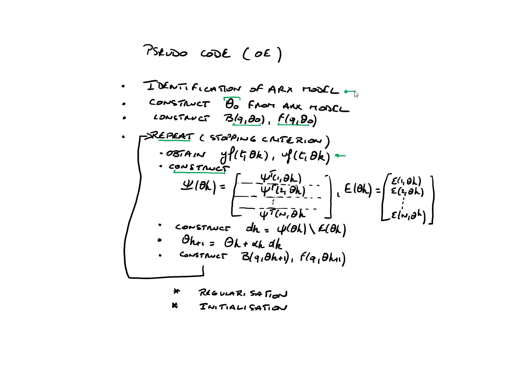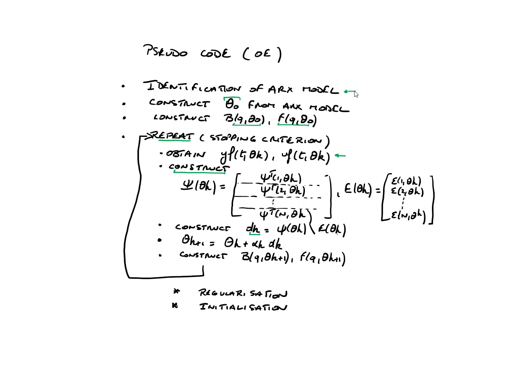This one is composed of the n residuals, and this one is constructed from the gradient vector that you have to transpose and evaluate at 1, 2, up to n. So once you have this, you have everything that you need to construct the descent direction.